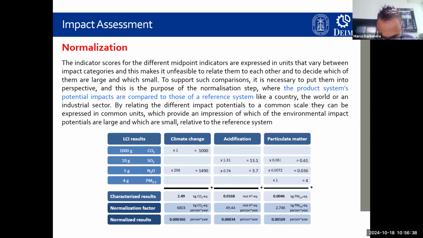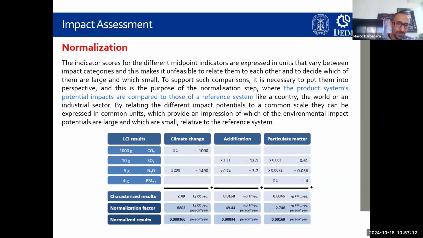In this case, for example, we can say that the particulate matter impact category is characterized by the most important impact for the analyzed product, because its normalized result is the highest. So we have also this possibility.